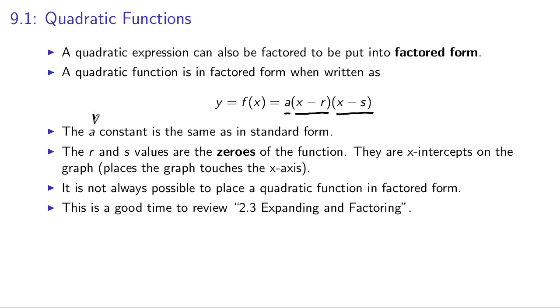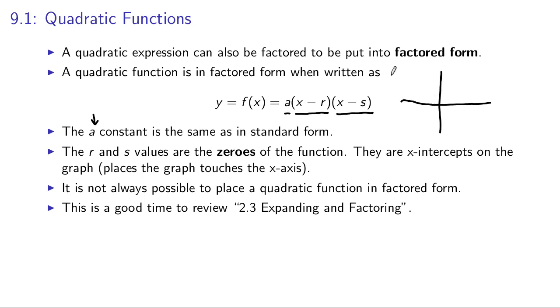The constant a is the same number as in standard form, so again, if it's positive, it opens up, and negative opens down. r and s are the zeros of the function. These are the x-intercepts of the graph, or the places where the graph crosses the x-axis.